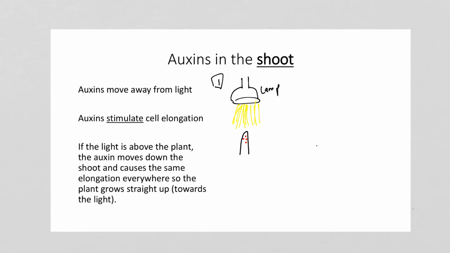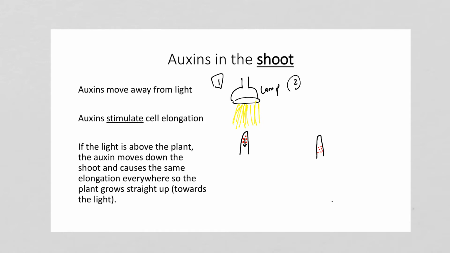My auxins are going to move away from the light down the shoot, but because the light is directly overhead, the auxins aren't going to accumulate on one side or the other side. We're going to have an equal distribution. There's going to be an even spread of the auxins the whole way through. So that will look like this. My auxins have moved away.